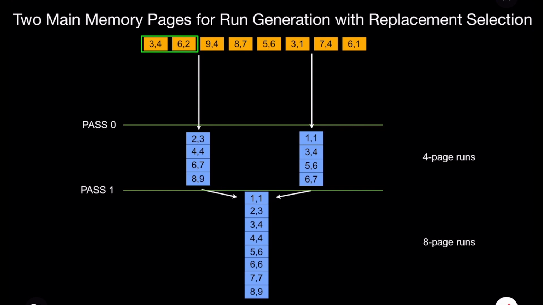If I have fewer runs, the likelihood increases that the merge tree is flatter, that is not as deep as before, which means what? In terms of cost for the algorithm. Less read and write operations.